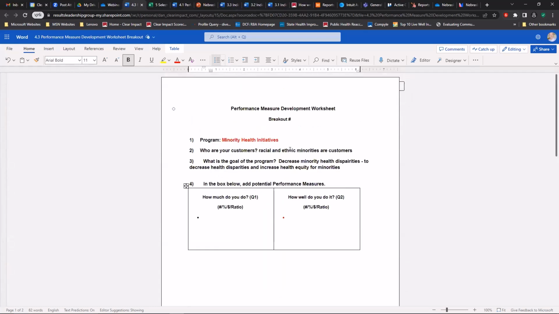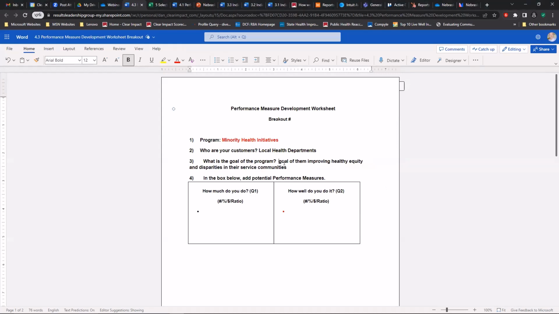So we want to back up a little bit. If you're the overall state health department, your customer is the local health departments. And this is truly a strategy. And your goal is for them to improve health equity and disparities in their communities that they serve.